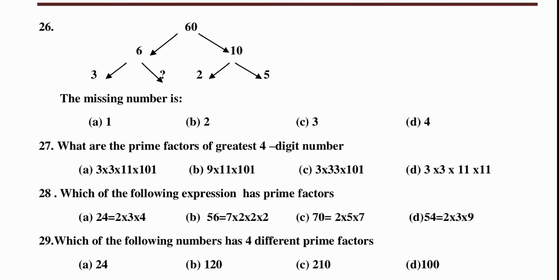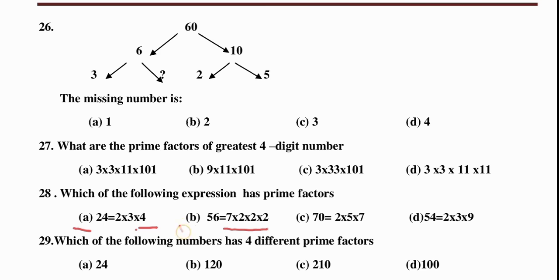Next question is, which of the following expressions has prime factors? And we check every option. In the first option, it is given 2 multiplied by 3 multiplied by 4. So we can say that this 4 is a composite number, not a prime factor. Then we check this one. All factors are prime factors here.